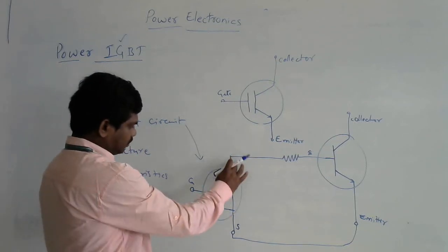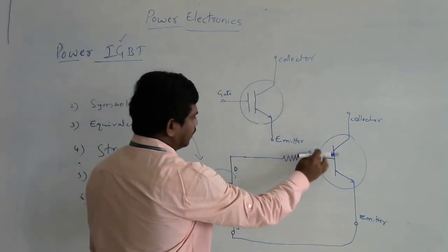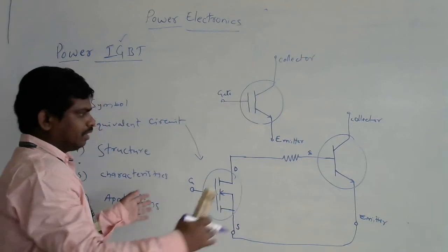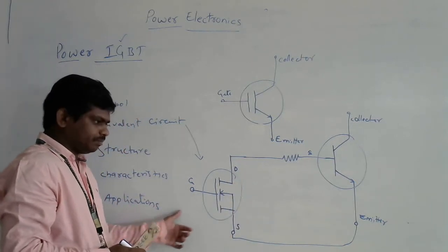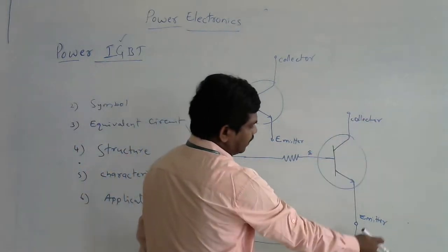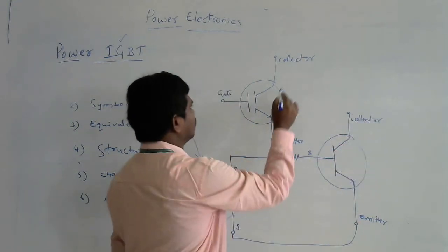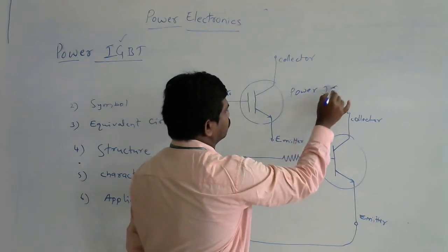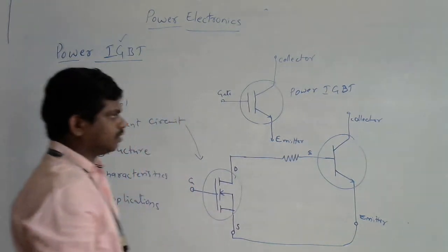See this, these are internal terminals. What are the outermost terminals that we can see in the equivalent circuit? Look at this. The gate is my input terminal, and on the output side you can see the collector terminal and emitter terminal. With that we get the power IGBT. You should remember it like this.